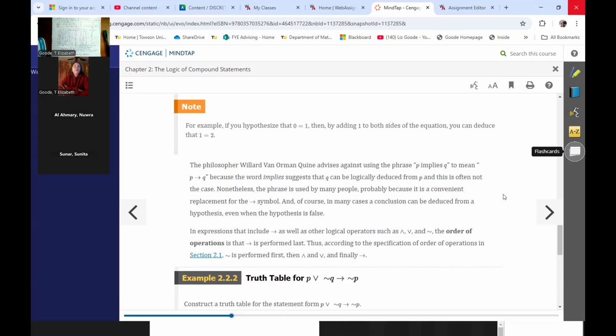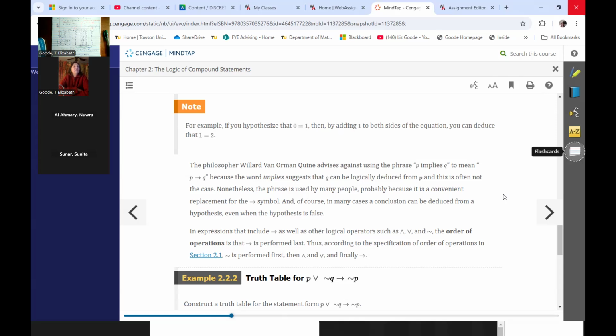I think that the point that Epp is trying to make with this quote is that people mistakenly think that Q can't be logically deduced any other way, right? That you have to have P to get Q. And I think that's what she's trying to say there, because if P then Q will be true even when P is false.